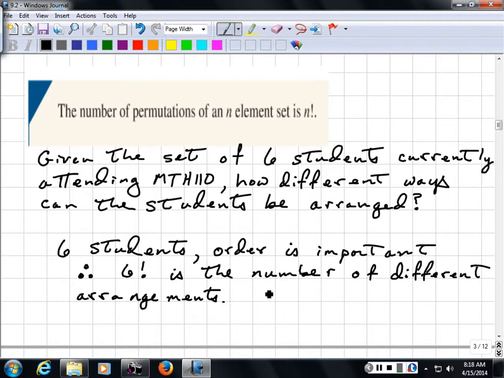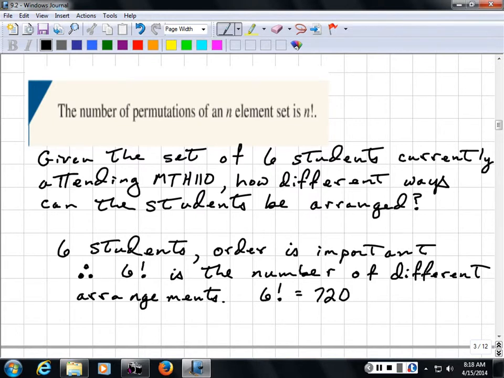And then 6 factorial, anybody know? Okay. And don't forget, you got that key on your calculator. Or your iPad if you're using that.